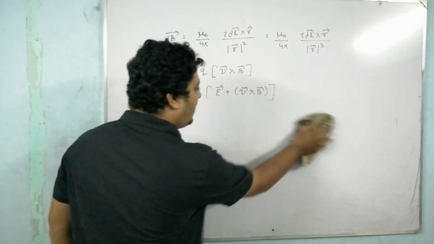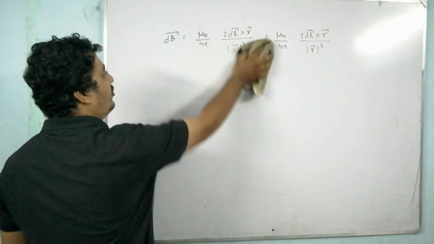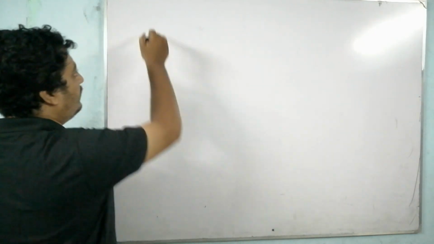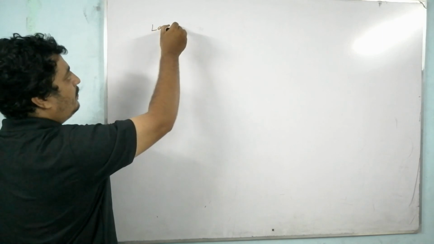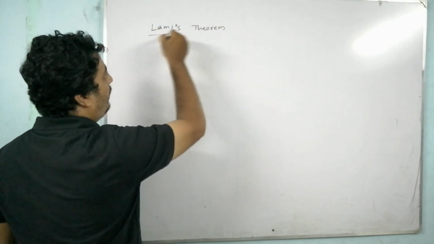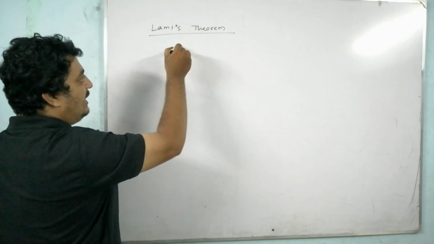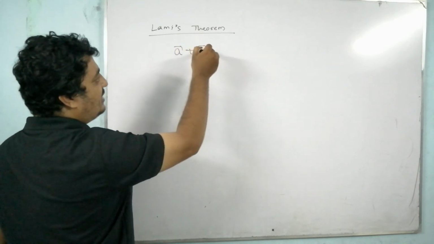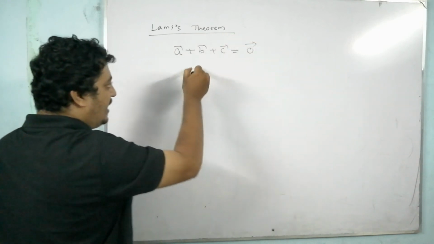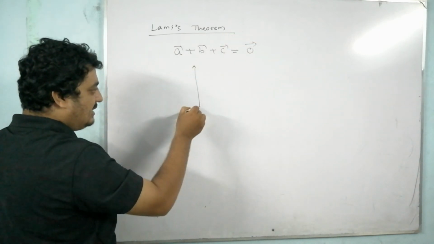Now the last part is Lami's theorem. Now if there are three vectors whose vector sum is 0, we can represent them like this.